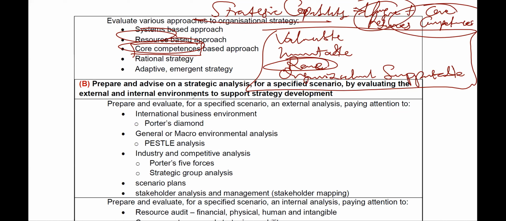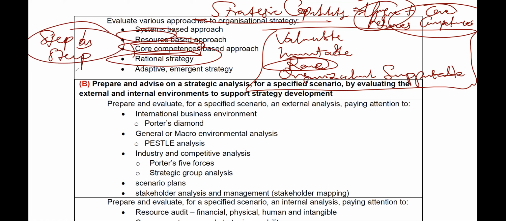Are we okay? Now, as part of that, we also have to look at the rational approach to developing strategy. This is a systematic step-by-step approach that we use to establish strategy, meaning adequate planning must be made. Yes, you have to go through strategic analysis, then you come to strategic options and choice, then finally to implementation, right? This is what we use in our exam, which is the rational strategy model. But then, do you all agree with me that it's not always that you can get the time to plan?